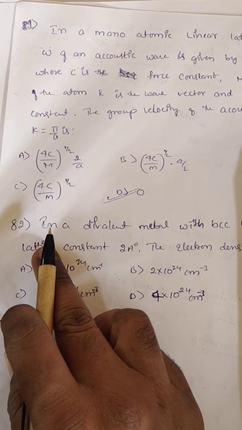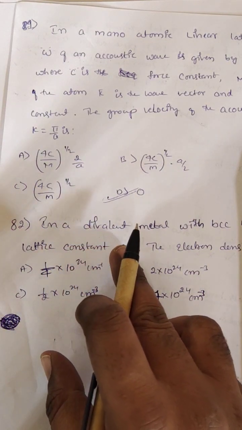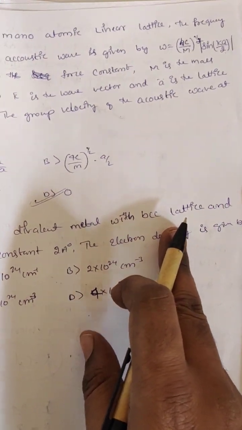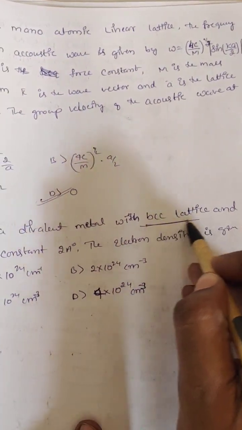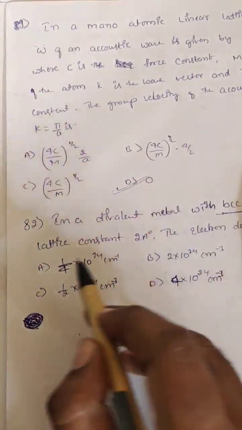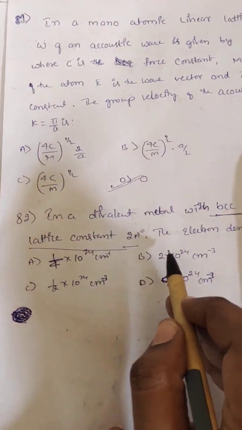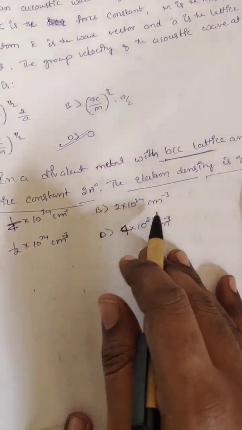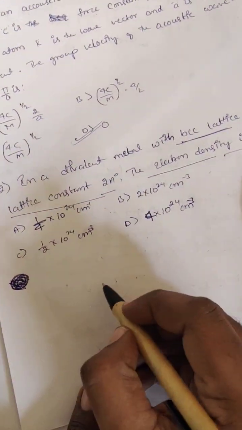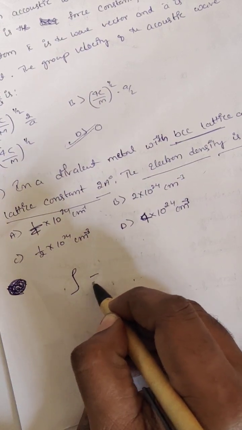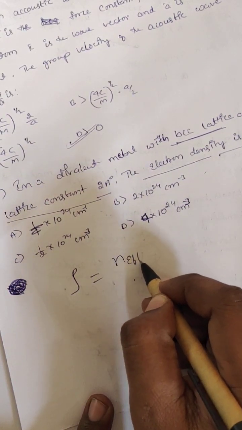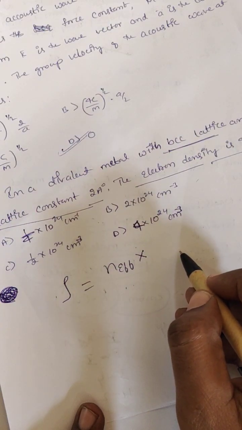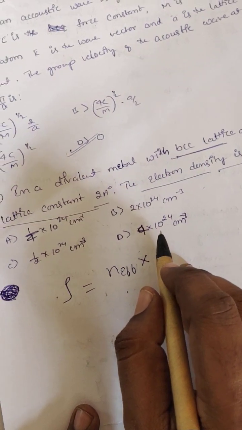Next, question number 82. In a divalent metal with BCC lattice, so this is important, BCC lattice, and lattice constant 2a, the electron density is given by... We know that electron density rho is equal to n effective into number of electrons in that metal, divided by volume, which is a cube.